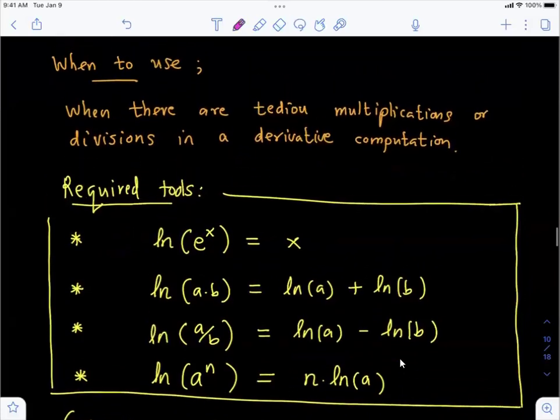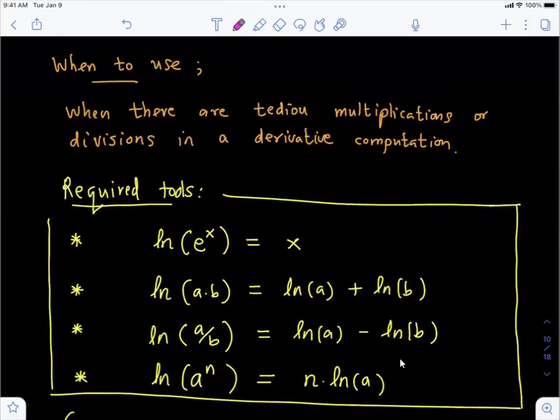But first of all, let's look at the required tools. These tools are none other than exactly the properties of the natural exponential function and the natural logarithmic function, and the connection between those two. First of all, to begin with, the first property is the inversion of the exponential through ln, because this works since we define ln as the inversion of the exponential function.